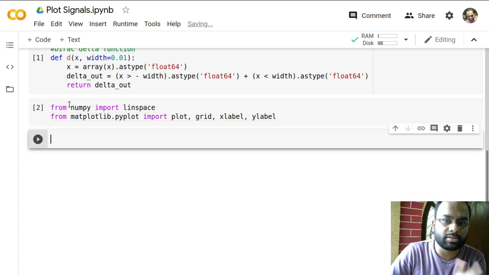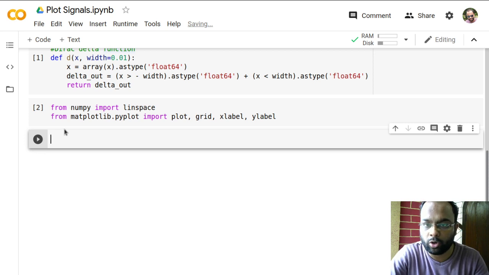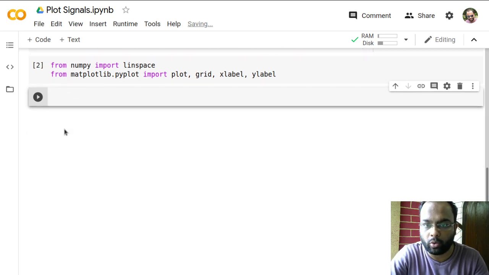I will give you this file as a Google Doc file, so you can open this and it will automatically open on Google Colab.